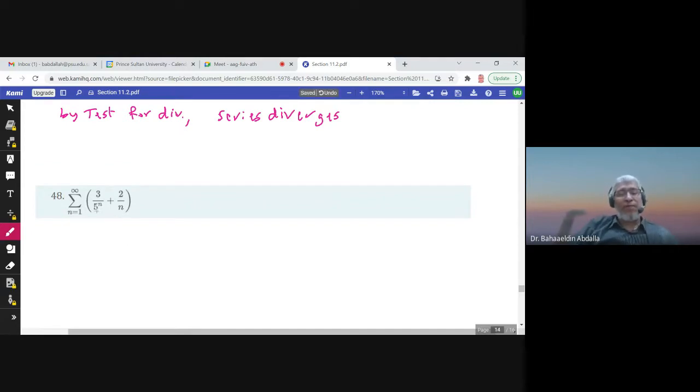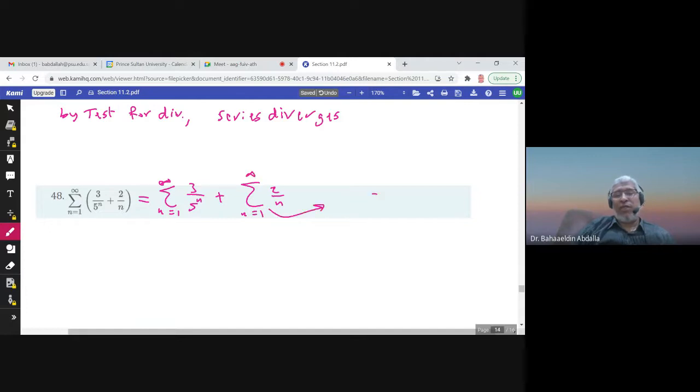Well, here, the first series, which is 3 over 5 to the power n, is a geometric series. I can prove that. But I can see that 2 over n is a multiple of the harmonic series.